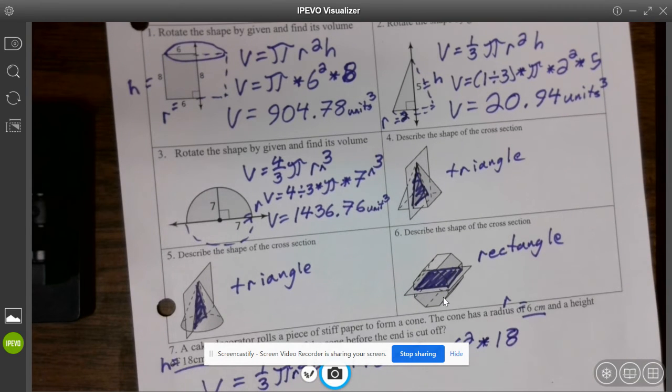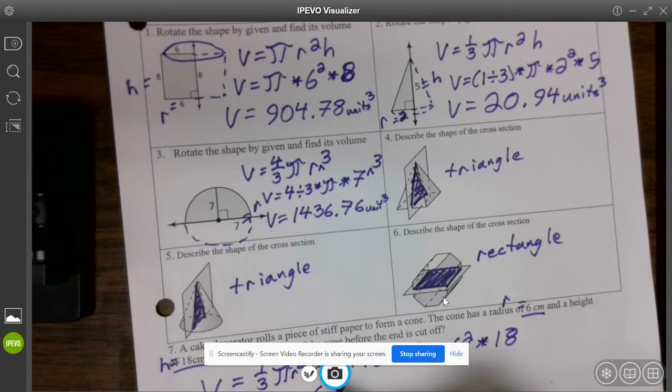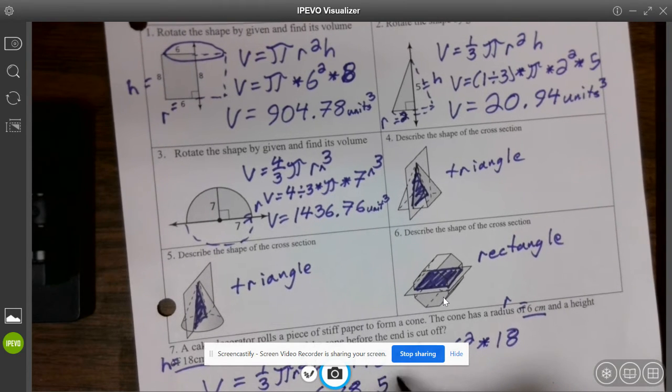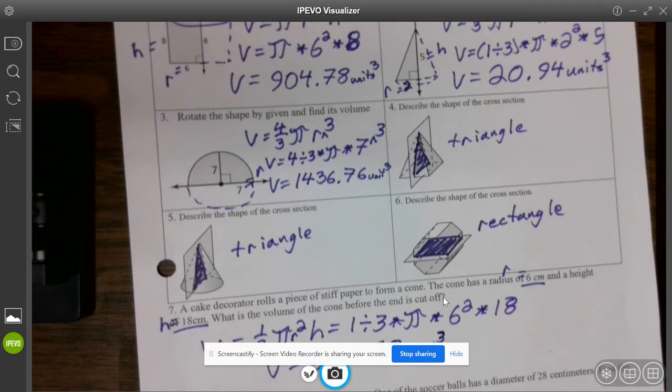So we just plug all that in the calculator. So our volume will be 678.58 centimeters cubed for our cone.